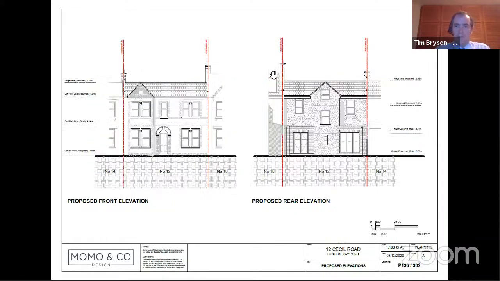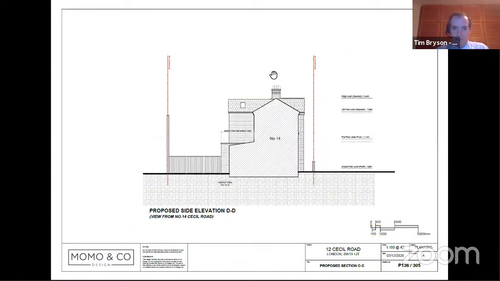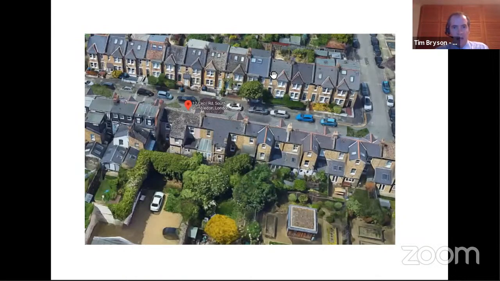Sure. Yeah, just showing the screen, Chair. In terms of planning history, there is no specific planning history for this property. This has got a useful photograph to show. So neighbouring properties in the road, you see that this is number 10 here, number 12, number 14.